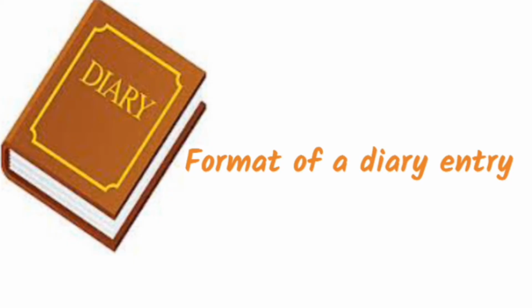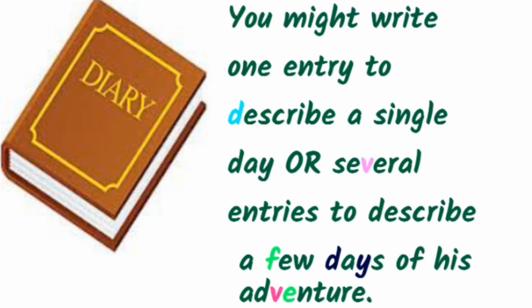Let us now look at the format of a diary entry. Just like any other kind of writing, a diary entry needs you to write in its own format. Writing in a correct format is very, very important. So you might write one entry to describe a single day or several entries to describe a few days of your adventure.